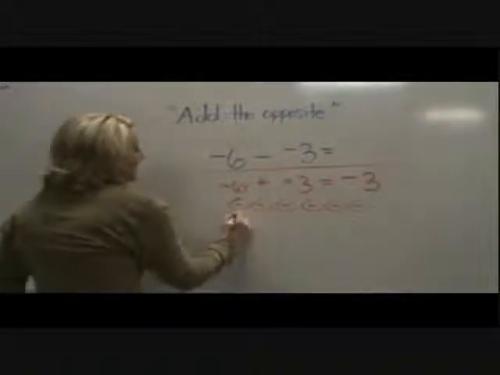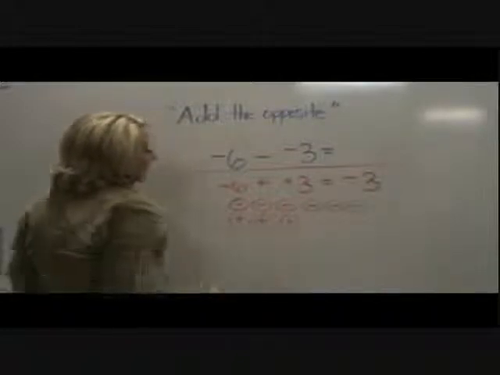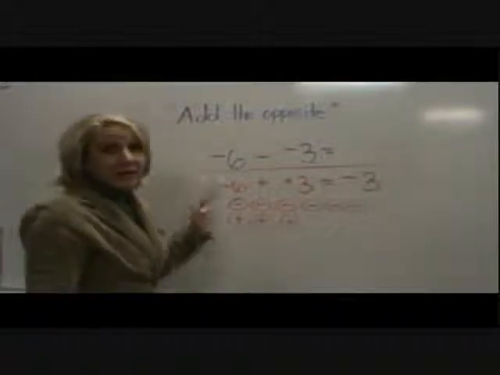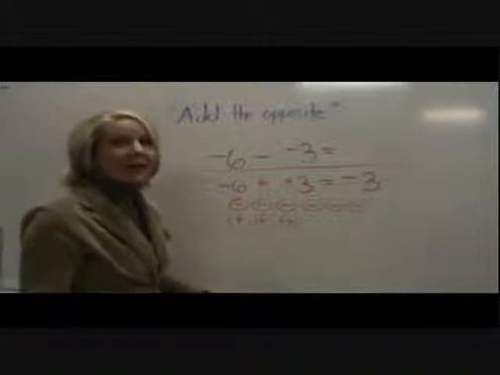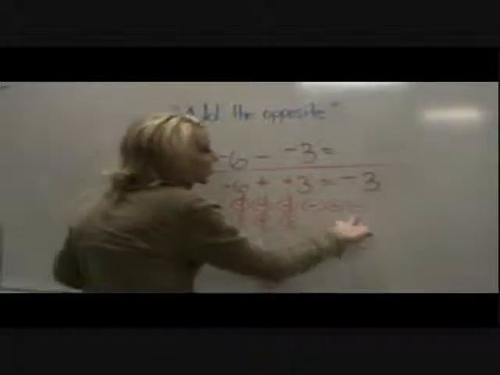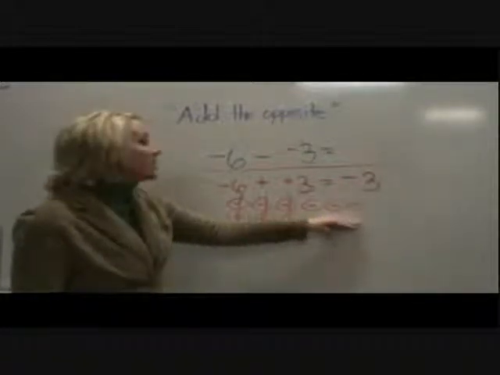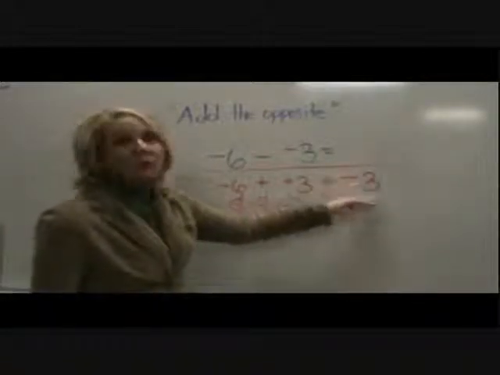And we have 3 positives. 1, 2, 3. And what we learned is that one negative and one positive cross each other out and become 0. So these we can cross out. And you look at what you're left with. You're left with 3 negatives, and that's your answer. So our answer is negative 3.